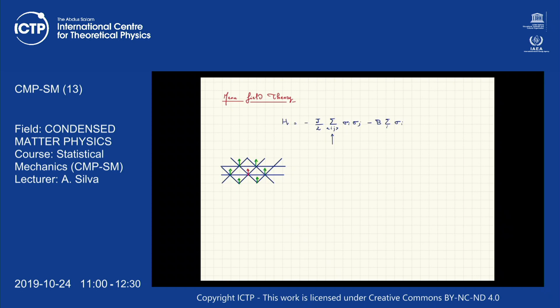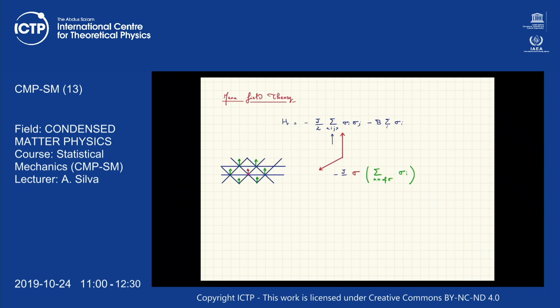Now, the main idea of mean field theory is the following. If you look at this interaction term, then you see that the typical term is going to look like some spin sigma interacting with the sum of all the nearest neighbors of sigma, the sigma i's, times minus J over 2, of course.